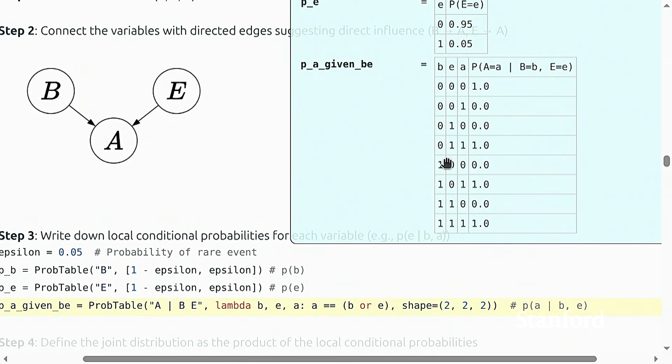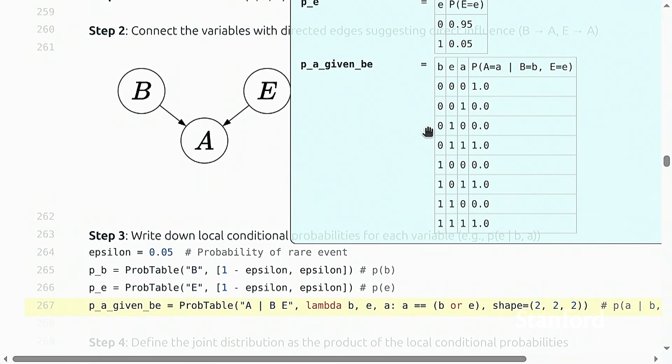So for example, if B is 1, E is 0, A is 0, that's 0 is not equal to 1 or 0, so that's a 0. Whereas 1 is equal to 1 or 0, so that's a 1. That's how all of these probabilities are filled out given this function. Okay?